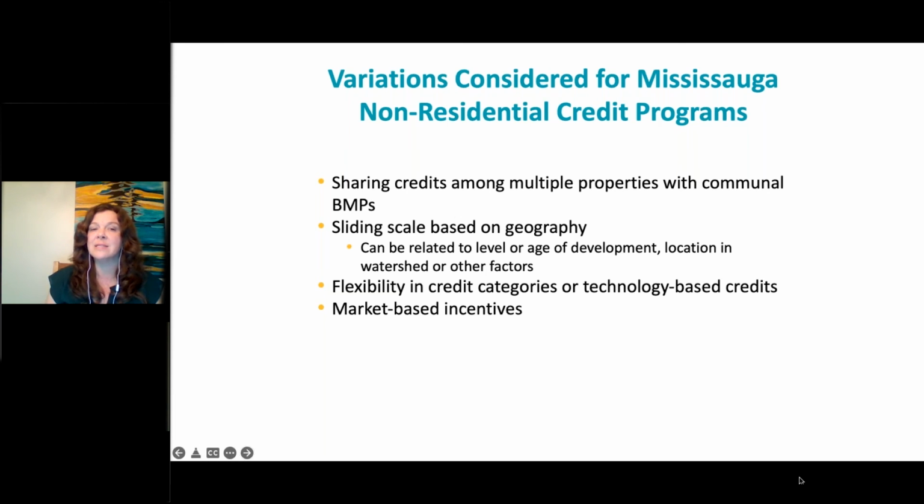They're looking at a sliding scale of credits based on geographical locations. They might determine it based on the age of the development or the location in the watershed or other factors. They're looking at maybe having more flexibility in those different credit categories, and also looking at market-based incentives.